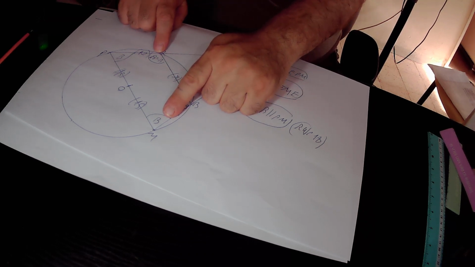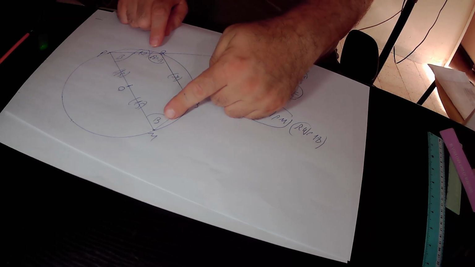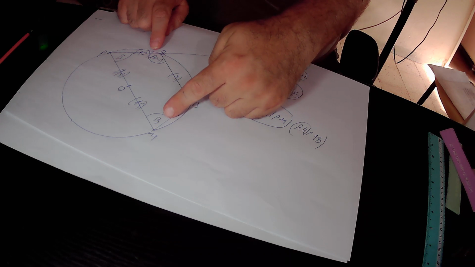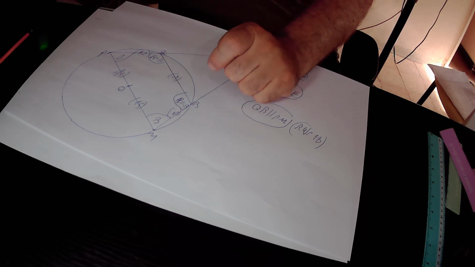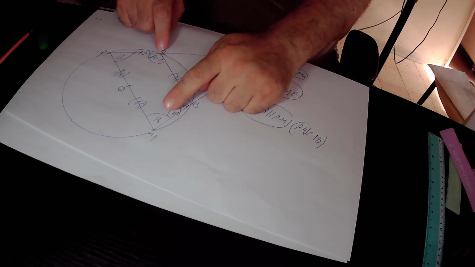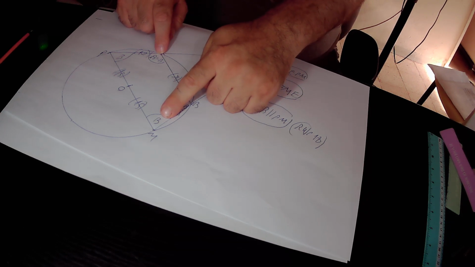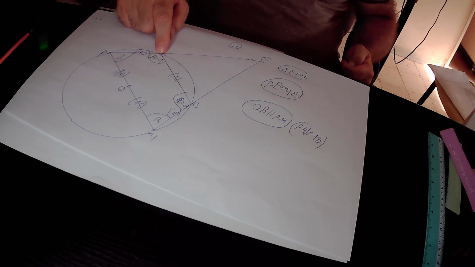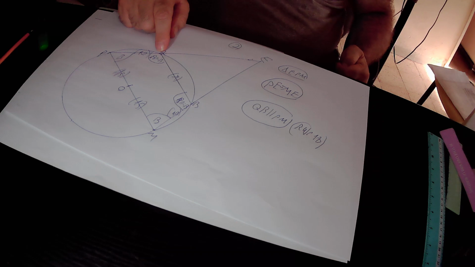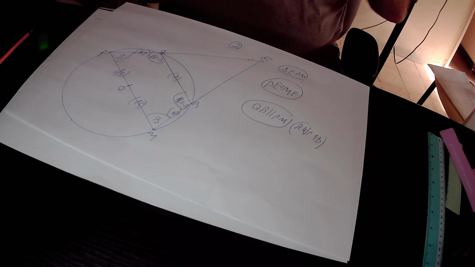Those are the two opposite angles of quadrangle PQBM. But this angle equals beta, so angle beta plus this missing angle must be equal to 180 degrees according to rule 16. Therefore, this missing angle must be equal to 180 degrees minus beta. Why? Because 180 degrees minus beta plus beta is 180 degrees.